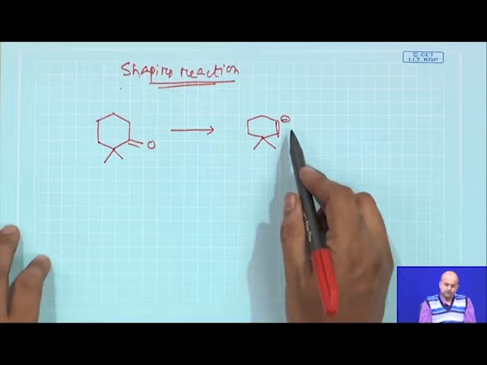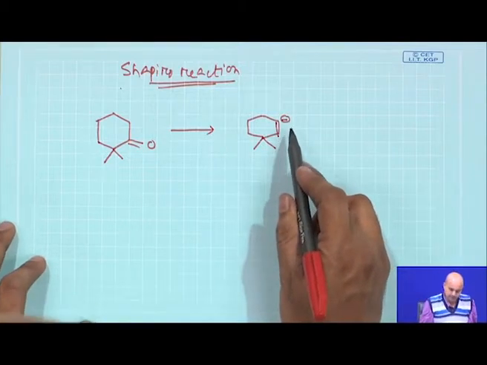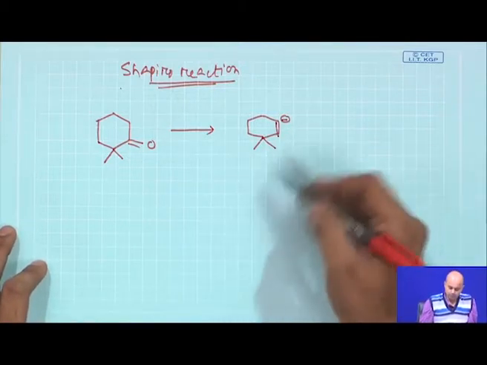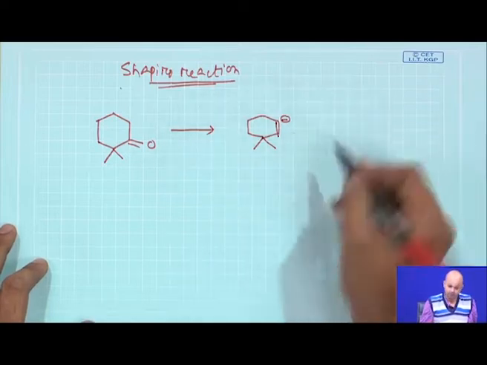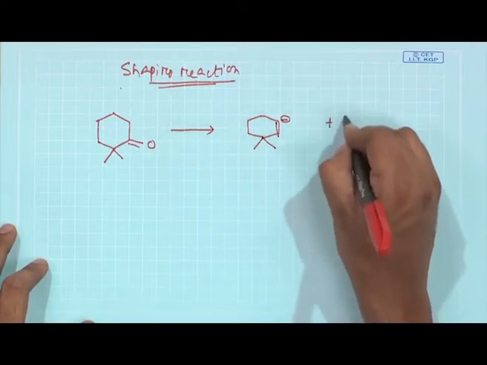Now, this anion basically can be quenched in a variety of ways with several electrophiles.